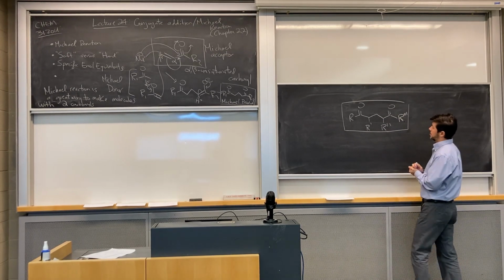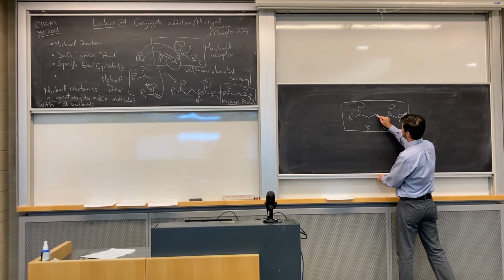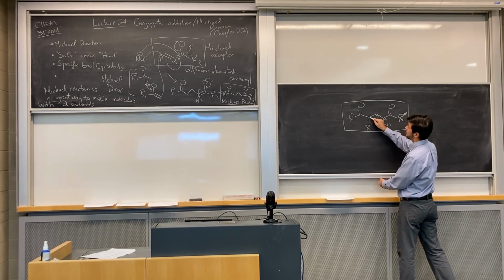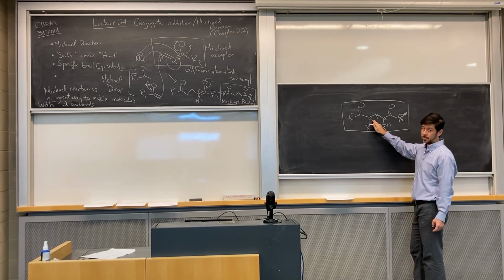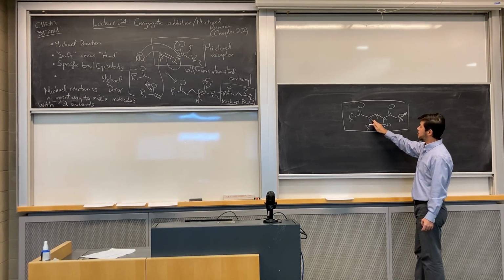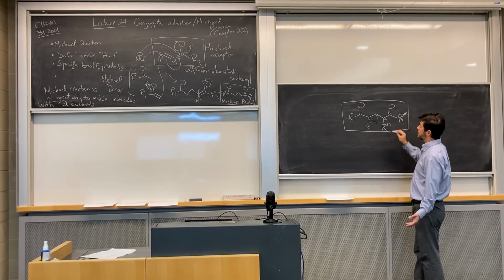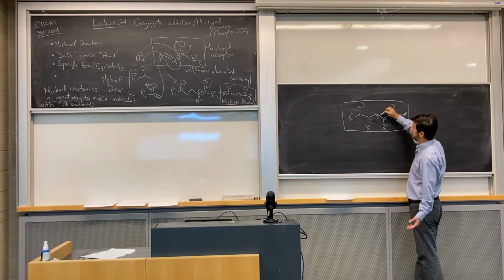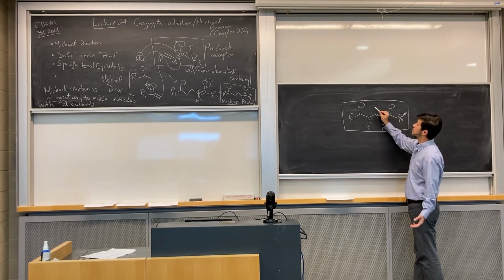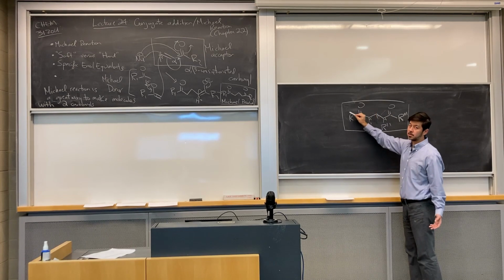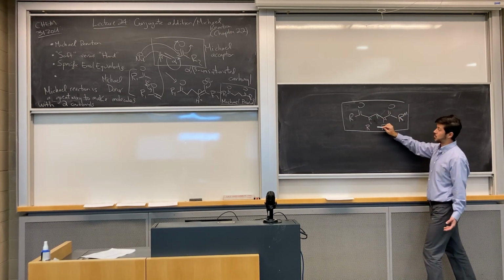You can see here that you have an alpha, you have a beta carbon potentially, and over here you have another carbon, we'll call alpha prime. If we construct this, we have two different ways we could put this together. You could imagine that we break it up over here, where this is the key carbon-carbon bond. This portion here would be your Michael acceptor, and this portion here would be your Michael donor.